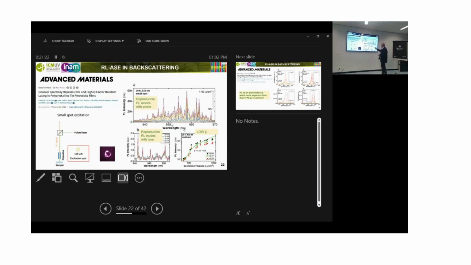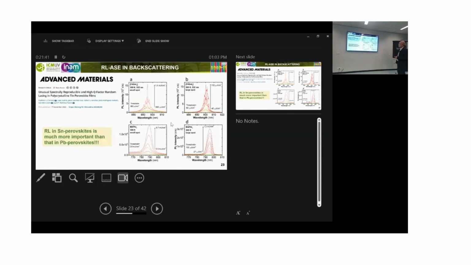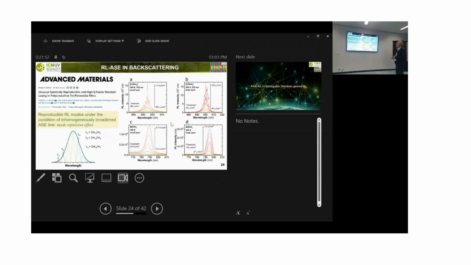The low beta parameter, this is due to the equation of the laser, is very low because it's very long circuits for the light forming the cavity for amplification, and it's characteristic of the random lasing, of course. And this is in comparison to lead perovskite, where practically no random lasing is observed.